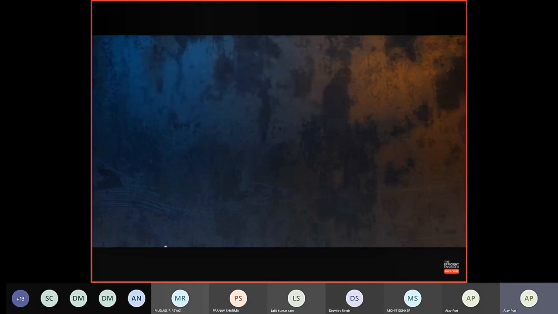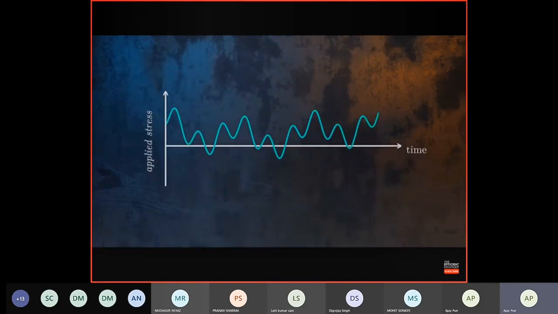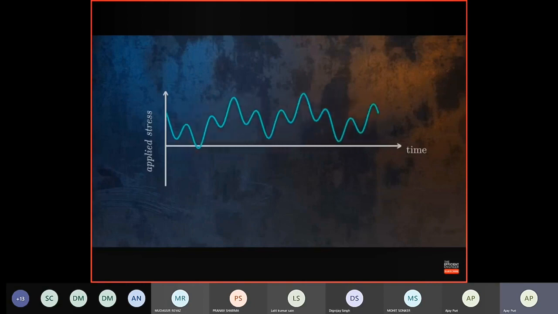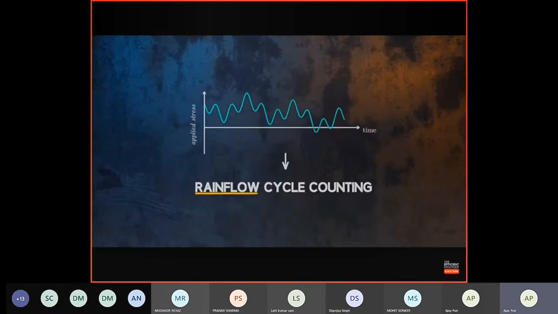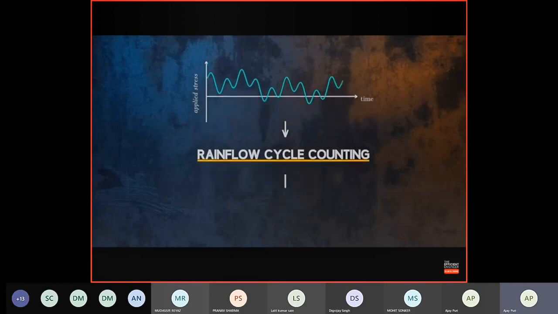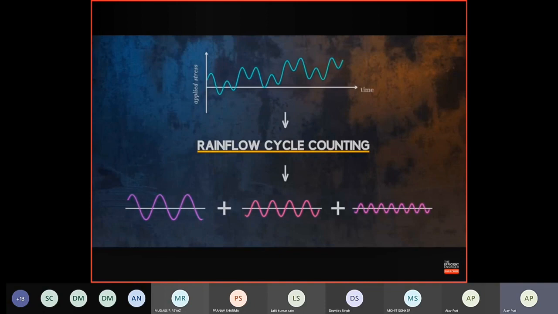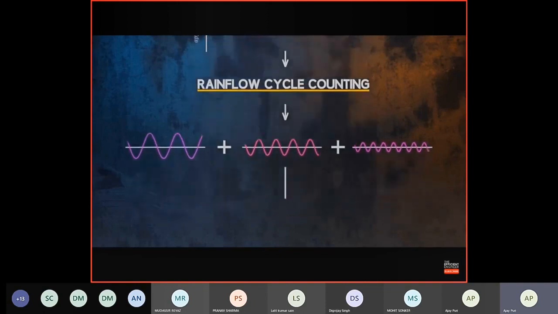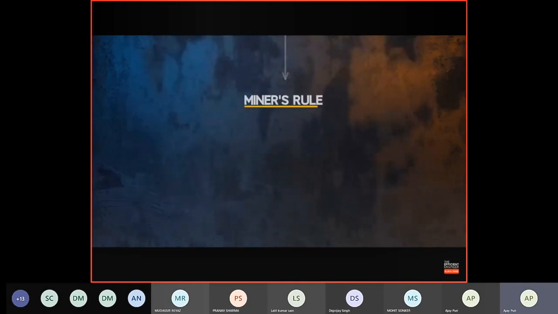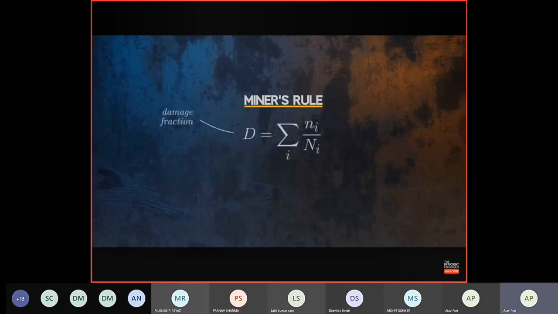In many real-world cases, the applied loading is likely to be far more complex than what we have considered so far. We can use techniques like the rainflow counting method to simplify a complex stress spectrum into a number of simpler, constant amplitude cycles. Miner's rule allows us to account for the cumulative damage caused by each of these different constant amplitude stress ranges. It calculates the damage fraction D as the sum of the fatigue damage contributions for each stress range.